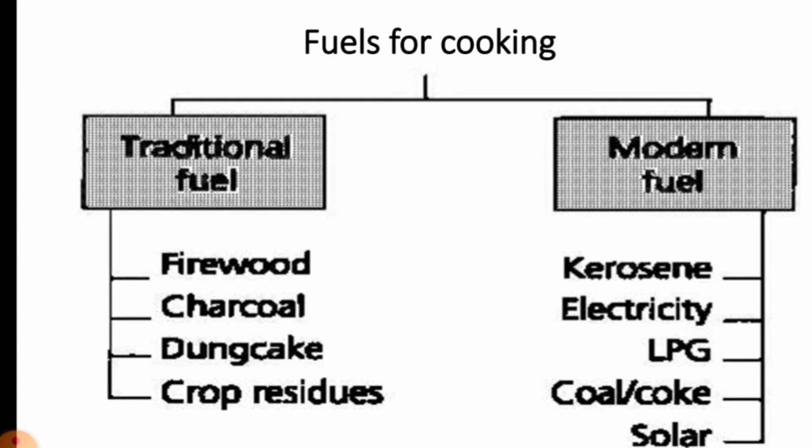Students, fuels are the materials which are used to produce heat or energy for cooking food. And different types of fuels which we use for cooking are given here. See, first firewood, second charcoal, dung cake, crop residues, kerosene, electricity, LPG, coke and solar energy.